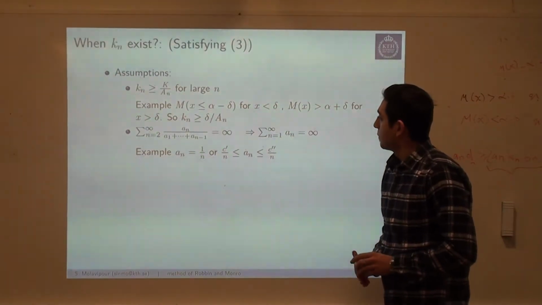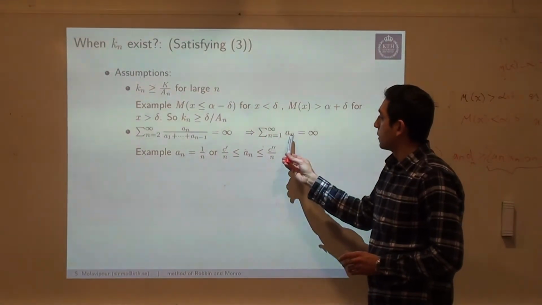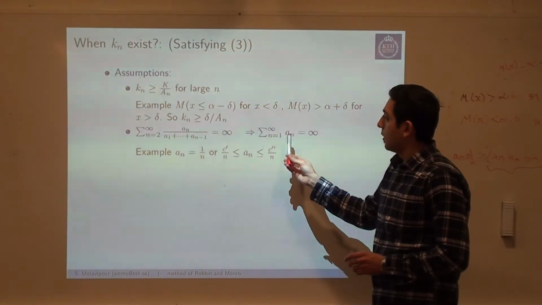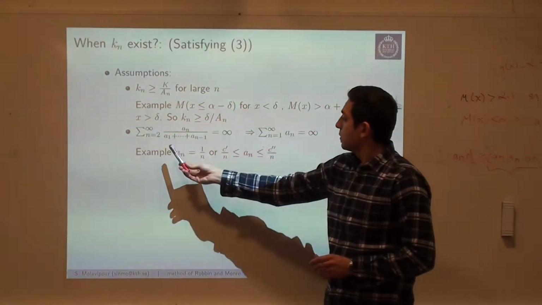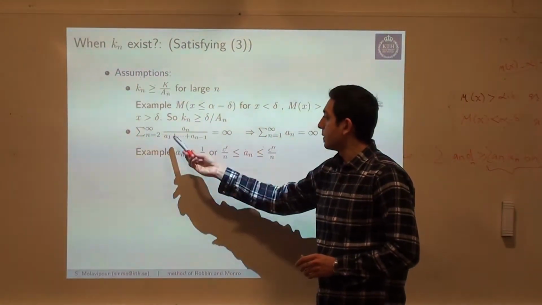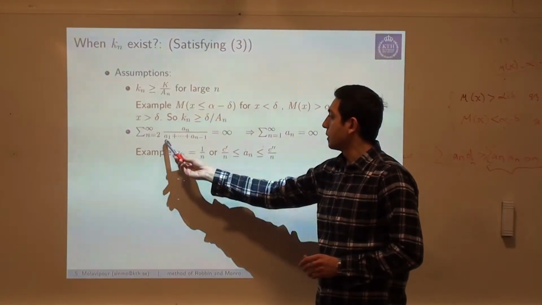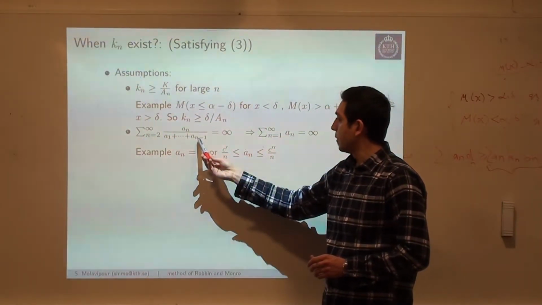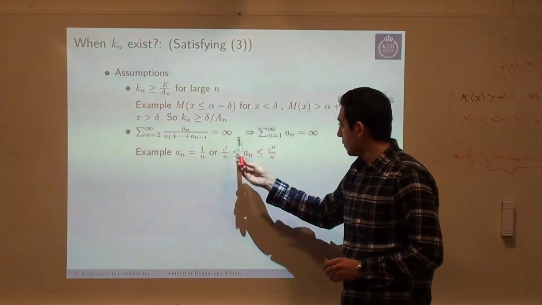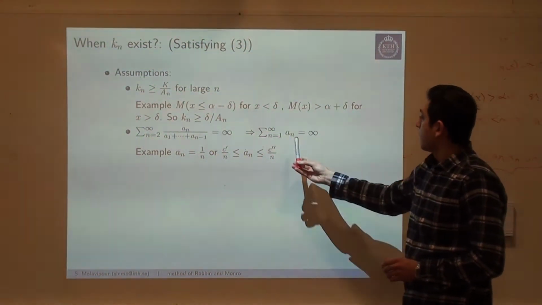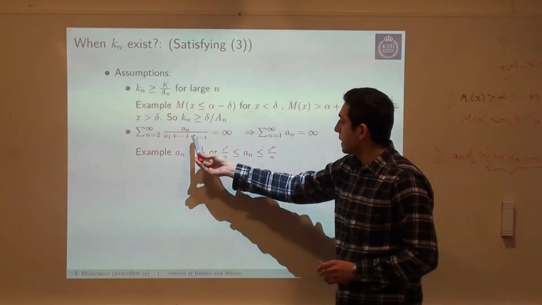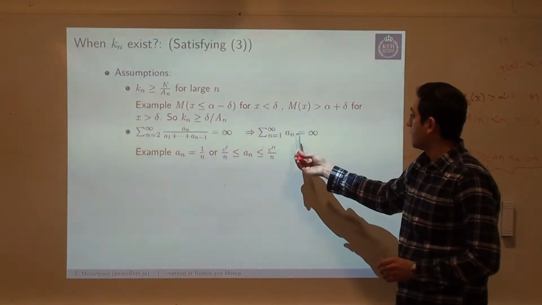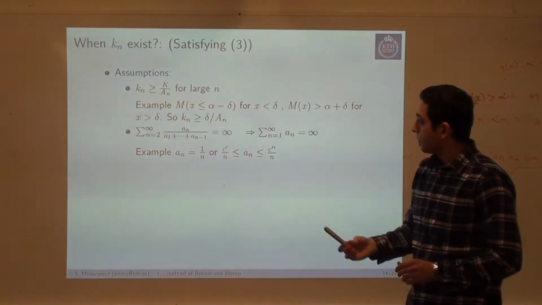And the other assumption that we put is for the sequence an, and we assume that summing over a1 till n minus 1, this is divergent, and this means that the summation over an itself is also divergent.